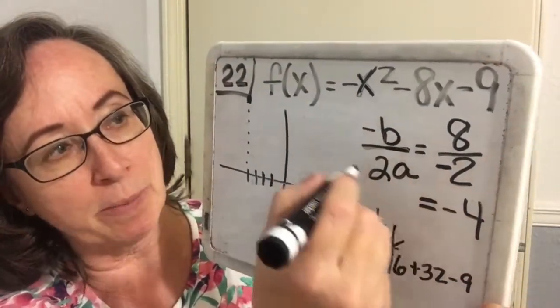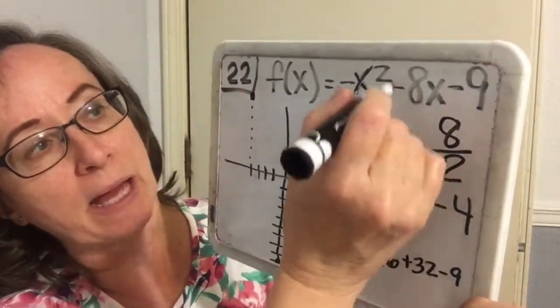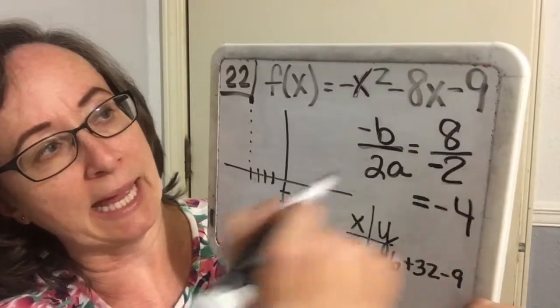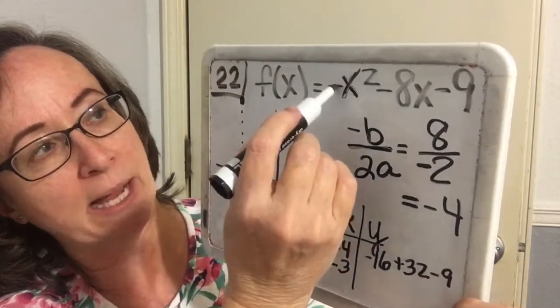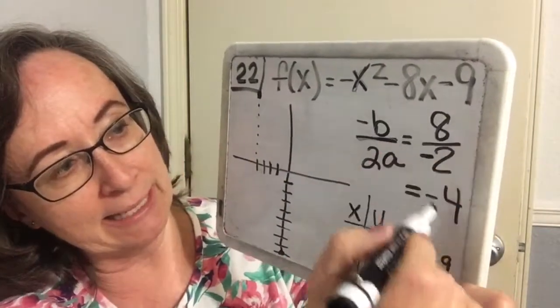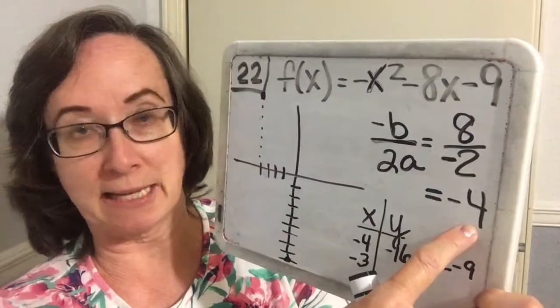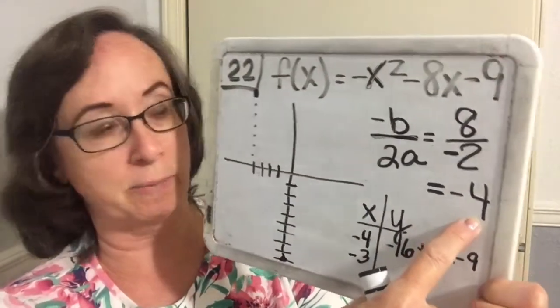So this is my formula for the x value of the vertex. So I plugged in my -b, which was 8, and my twice a, which is always in front of my x squared term, and I got -4 as being the vertex of this downward facing parabola.